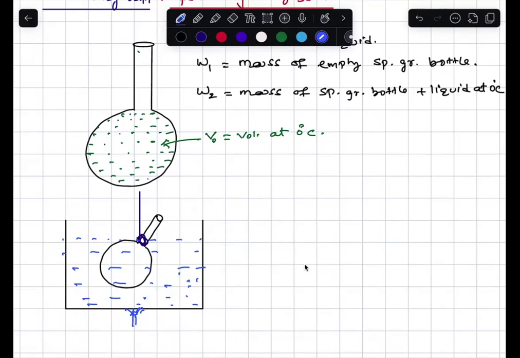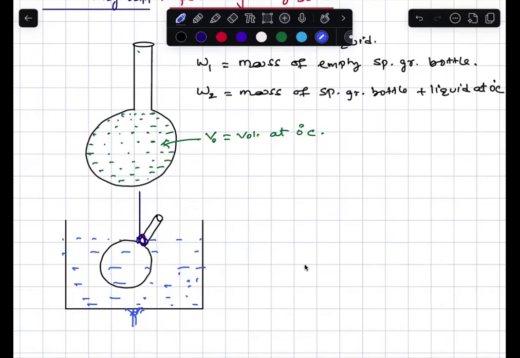Till here, any doubt? Why is that? I just demonstrated how to heat that liquid.